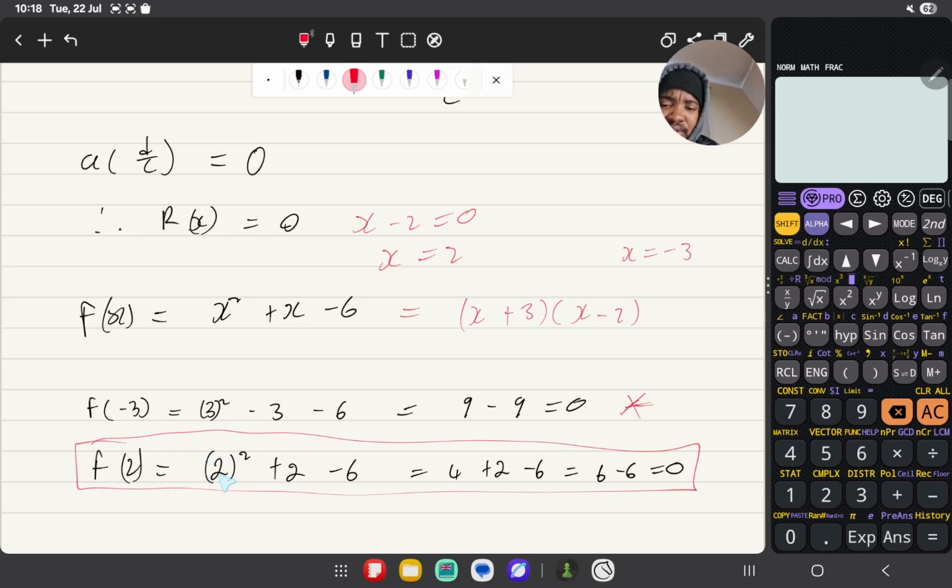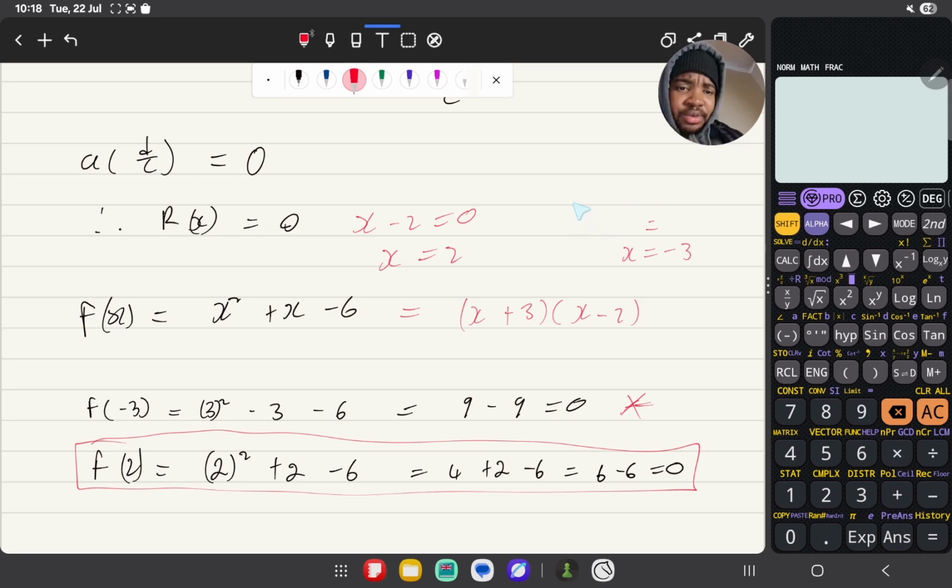Okay, we try 2, so this is 2 squared, 2 plus 2, we have 4 here, we have 6, that is 0. Cool. Minus 3, we got minus 3 squared. I mean, doesn't matter, we're going to get that. Then minus 3. Okay, no, we are still on the right track. I was just checking to see if things were making sense. I didn't mess it up.